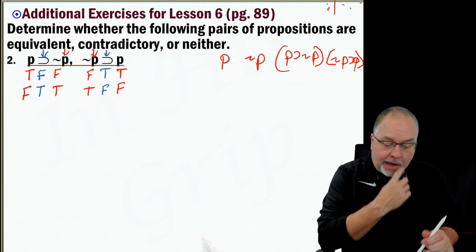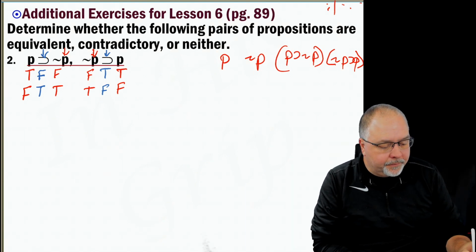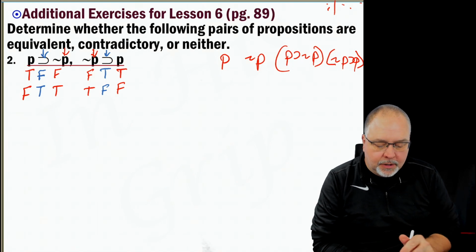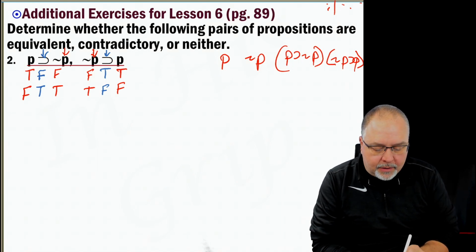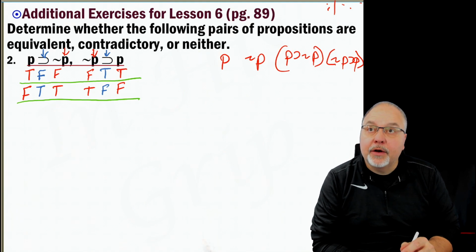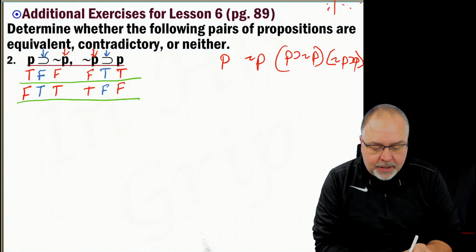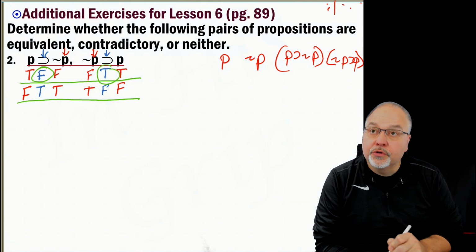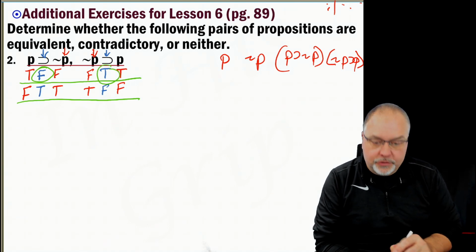Okay, so now let me change my color again here just so that we can see. So now when I look at these, I look at them across, and what I'm looking at here is false, true on that line. See that? False, true.